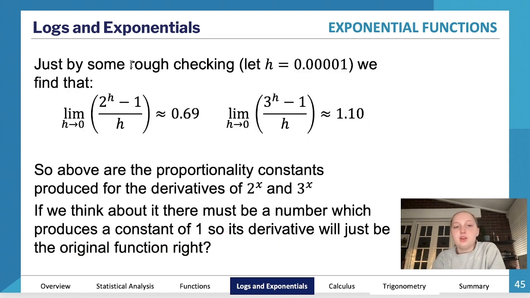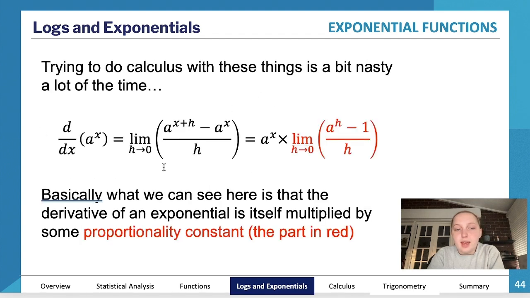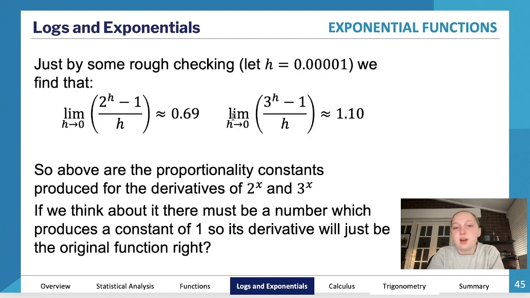Okay, and so if you do some pretty rough checking, you make your h super small, you can find that when h approaches 0, (2^h minus 1) over h equals 0.69, if we're making this h pretty small. If you do the same thing with your 3, so we make a equal 3, as h approaches 0, (3^h minus 1) over h is equal to 1.10 when our h is equal to 0.00001.